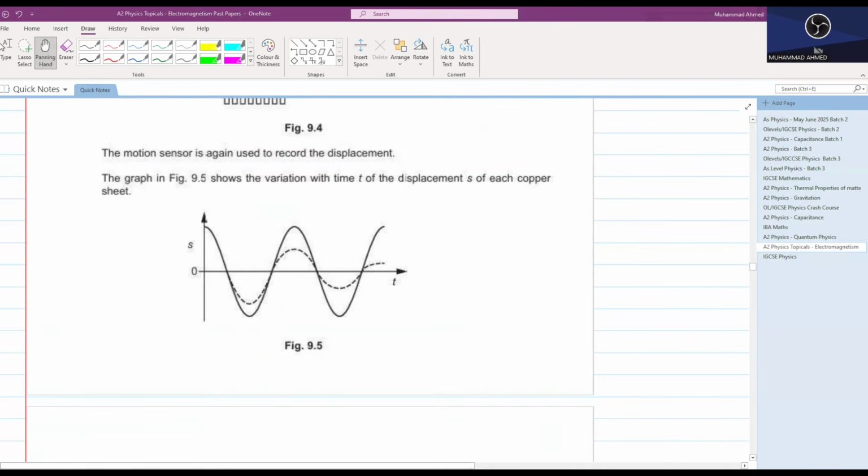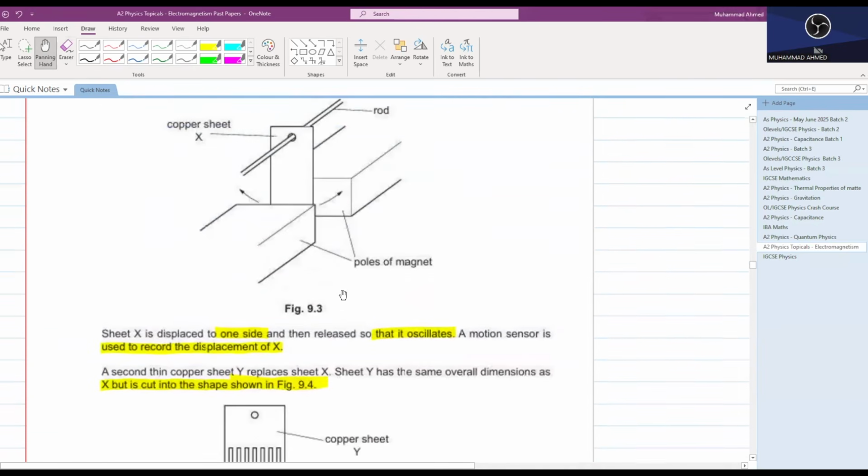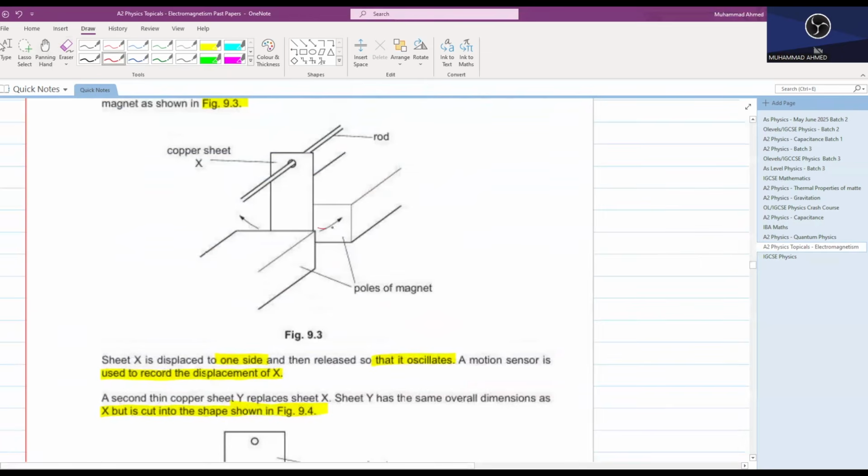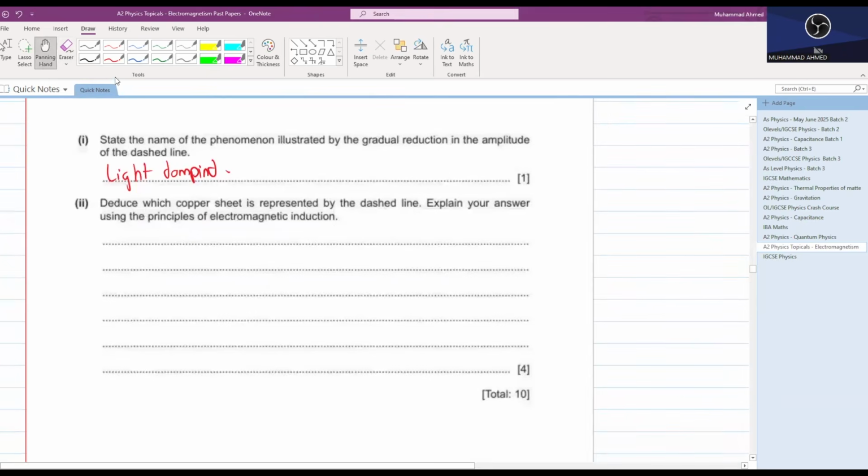So first and foremost, whenever these sheets oscillate, as you can see, the arrows are already made, these black arrows that I've highlighted in yellow. Whenever the sheet oscillates between the magnetic fields, what happens? You can write it here.